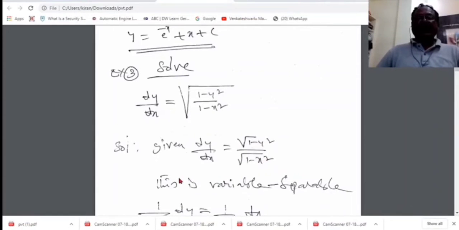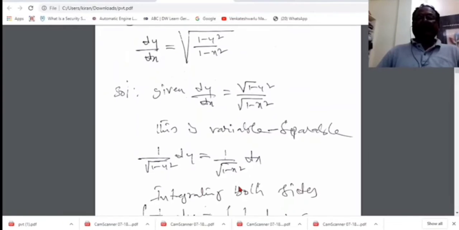Now this is also a variable separable method. Here variables are x terms and y terms. By simplification, 1 by square root of 1 minus y square into dy is equal to 1 by square root of 1 minus x square into dx.